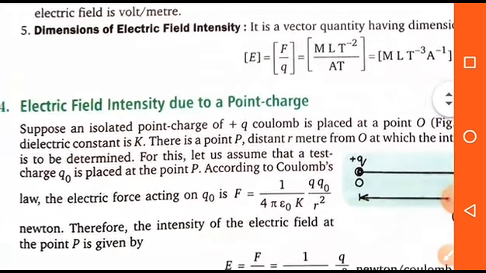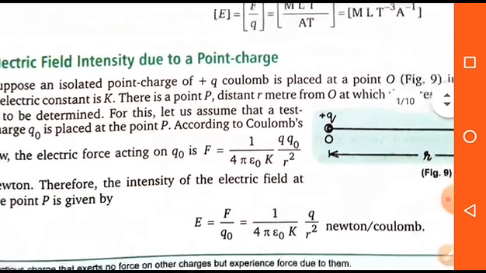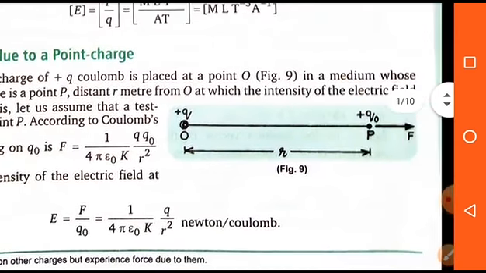Now, electric field intensity due to a point charge. Take a diagram, take a point charge Q at point O, and at a distance small r take another point P where we have to find the intensity of electric field. So take a test charge Q naught.